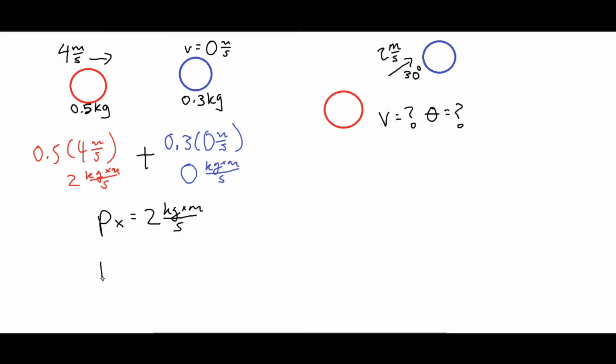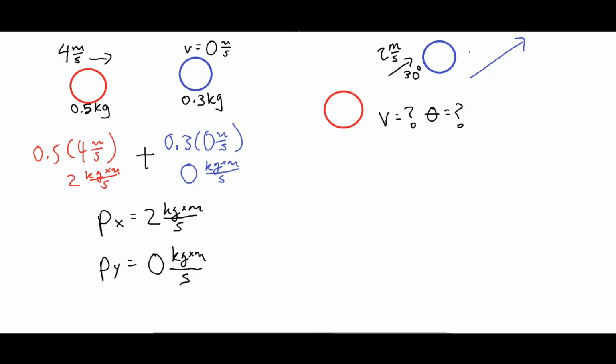The sum of the momenta in the vertical direction is 0 because there is no vertical motion before the collision. All right, now that's going to be a key component to solving the problem. Now after the collision, we have this blue ball that's going 2 meters per second at a 30-degree angle. Now what we want to do is make a triangle off to the side.